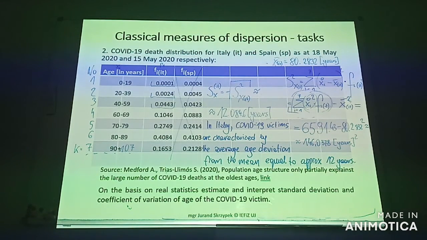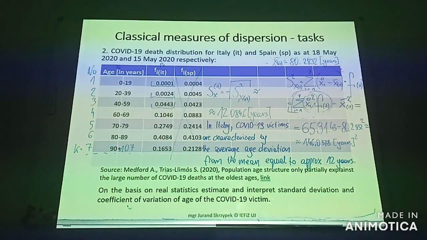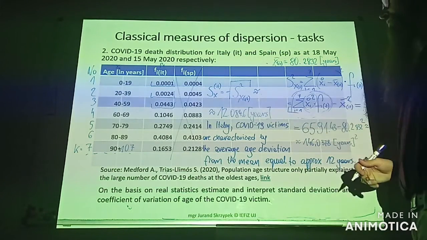Yeah, this is the interpretation of the measure of dispersion. So in Italy, COVID-19 victims are characterized by the average age deviation from the mean equal to approximately 12 years.